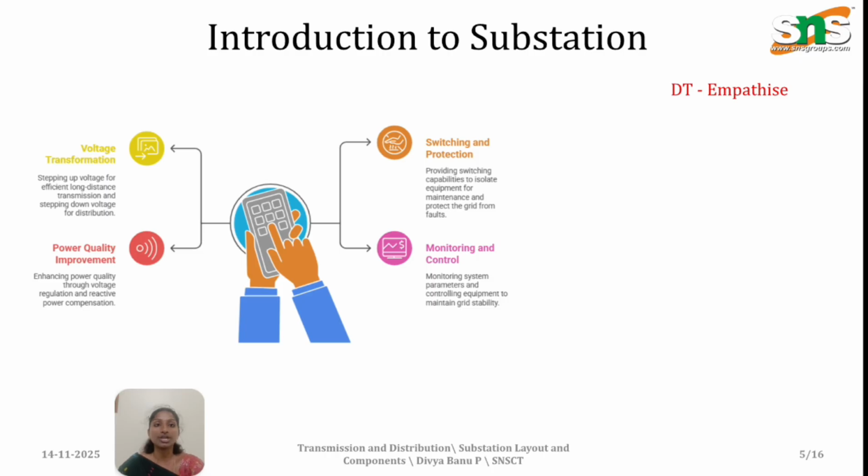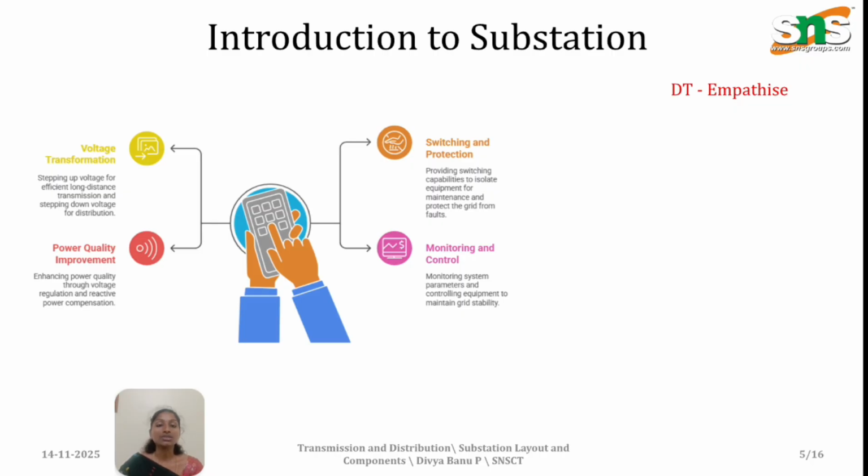Coming to the introduction to substation, before going into the substation, let us know what the need for a substation is. The substation is mainly needed for switching and protection, monitoring and control, power quality improvement and voltage transformation.